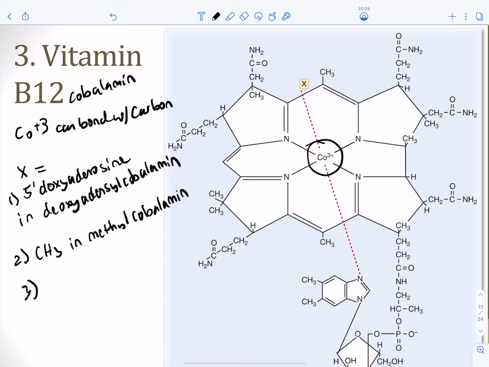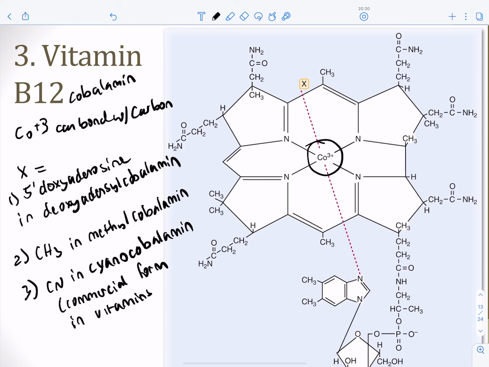Or 3, X could be our cyano group. And this, as I said before, is going to be the major commercial form, for example in drugs.